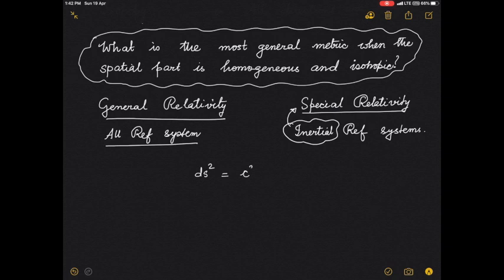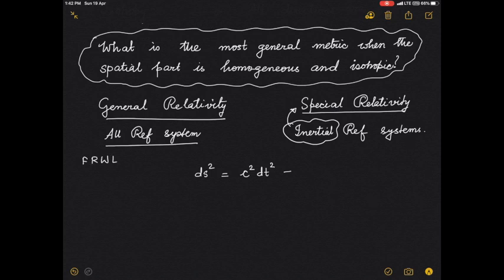And that comes out to be the following. Well, I'll not write down the most general form. I'll write down a little more specific form which we believe our universe obeys today.